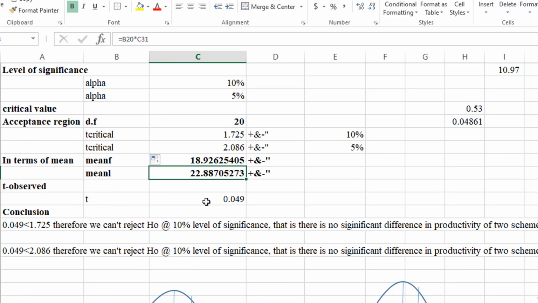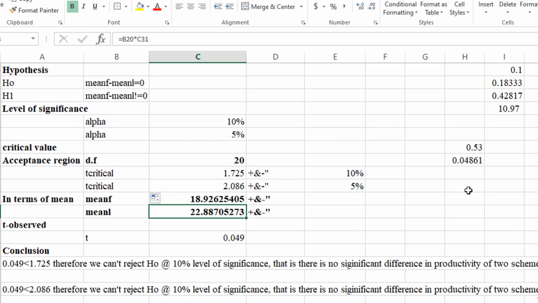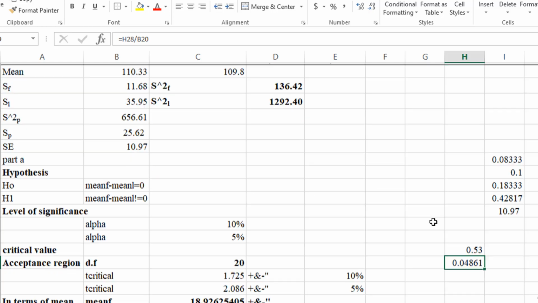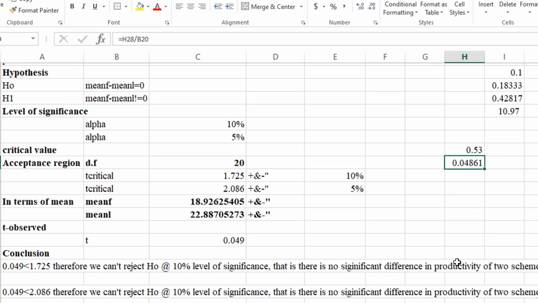So you divide the difference by the SE value, and you will get 0.049. I have cross-checked it here. If you find the difference between the two means, 110 minus 109, divided by SE 20, look at this, you will get 0.04861 or 0.049.